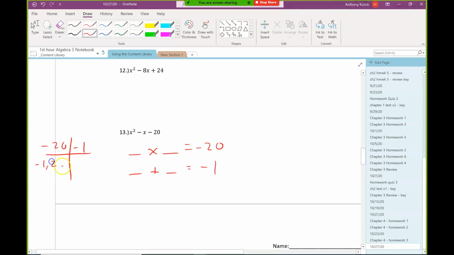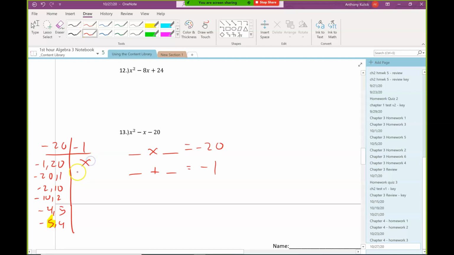This is going to be a relatively short list, so I'll just start at the beginning. 3 doesn't go into 20, but 4 does. And then the next number is 5, but I already have 5 on my list right here, so I don't have to worry about that. So we're done. That's the whole list.